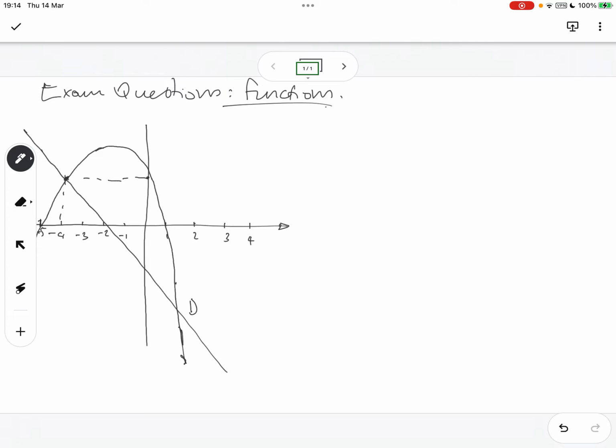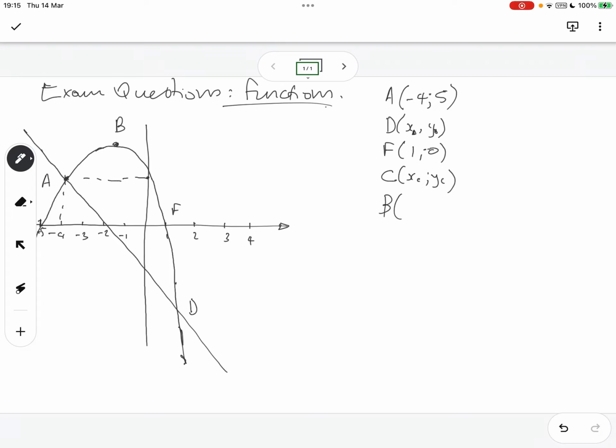We're told that where the straight line and the parabola intersect is point D, and also at point A. And we're given that A is the point (-4, 5). D we don't know, it's just (x, y). F is (1, 0). C we're not given, so I'll just call it (xC, yC).